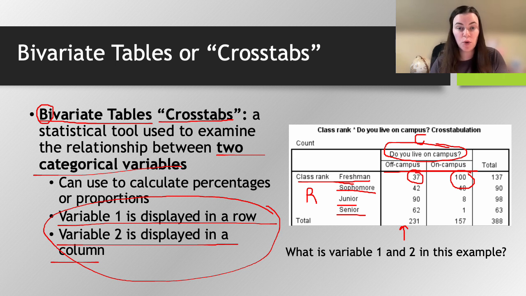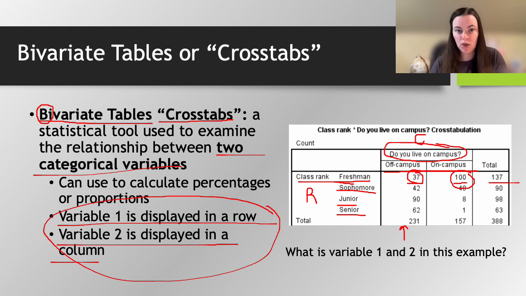And if I wanted to know the proportion of freshmen that lived on campus, all I would have to do is do 100 divided by 137. If I wanted to know the proportion of students that did not live on campus, I would take 37 and divide that by 137.